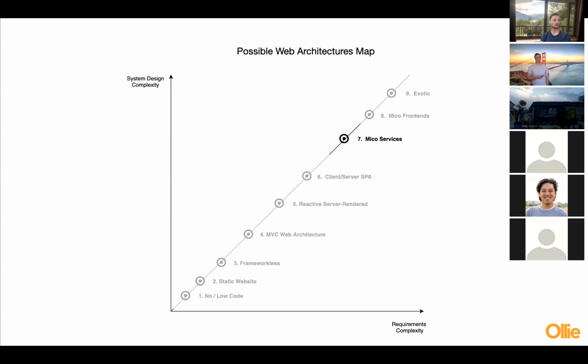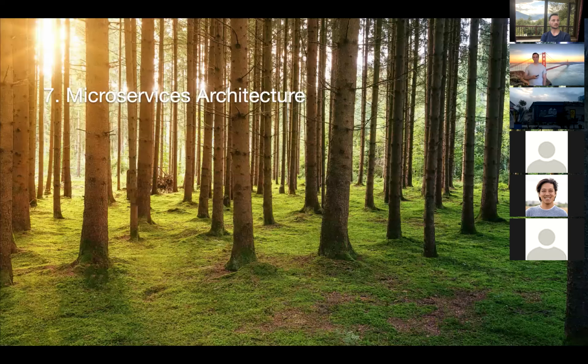So finally, you have these really interesting architectures that I've heard people moving to and moving from, and they're really interesting to me. And I thought that I didn't have a lot of experience with them, but I'll show you what I learned here. So I chose this really nice picture of a forest.